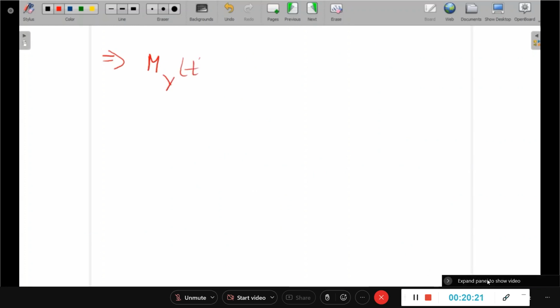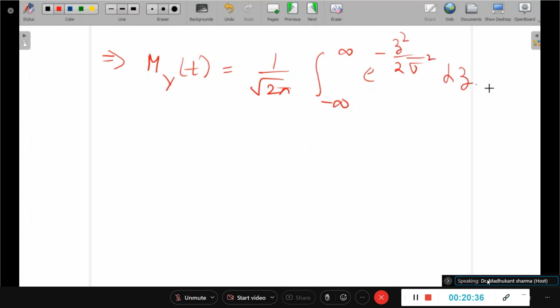M of t is equal to 1 upon square root of 2 pi, integration from minus infinity to infinity, e to the power minus z square by 2 sigma bar square dz. Okay. Now I'm trying to write it down. I think it is very easy to follow.